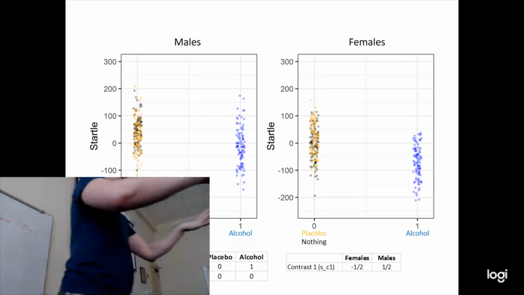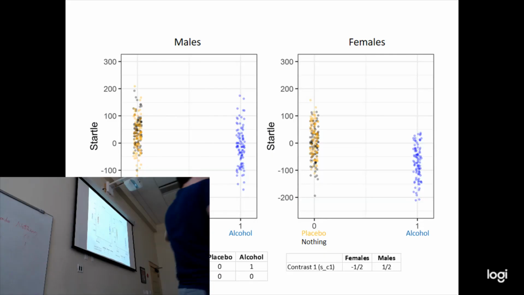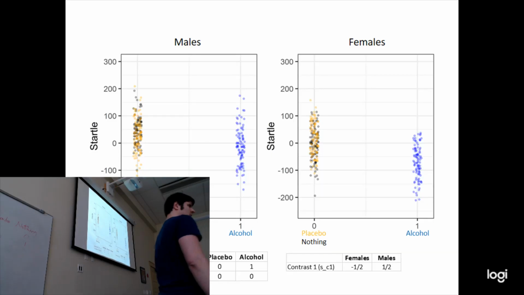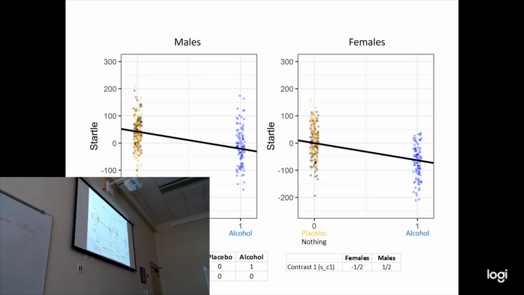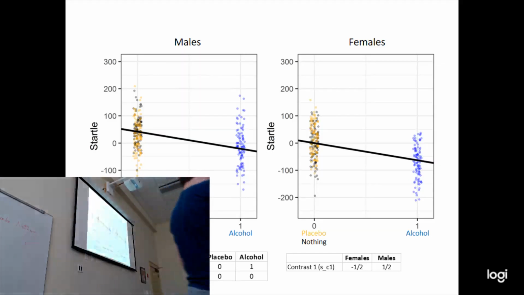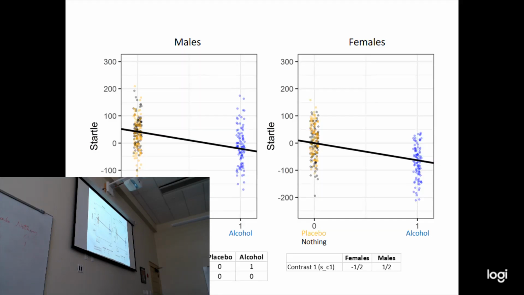This is exactly the same process that I showed you before. I'm just doing that twice because I have 2 separate tables, one for males and females. If I then replace my male and female labels with -1/2 and +1/2, well, that looks like baseline startle, right? That's just some variable with numbers.